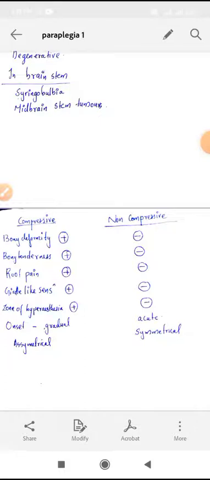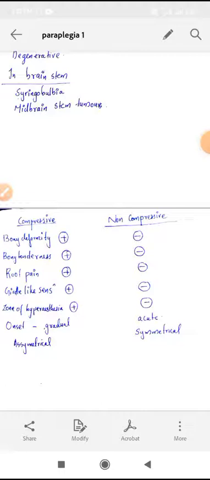Bony tenderness will be present in a compressive cause, and also absent in a non-compressive cause. Root pain means pain in the back that radiates to other regions and is exaggerated by straining or coughing. This root pain is present in a compressive cause and absent in a non-compressive cause.